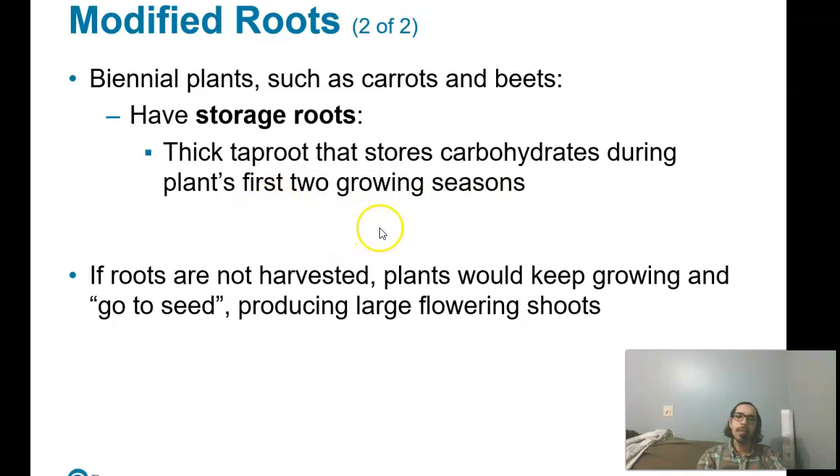So when you're eating carrots or beets, you're eating the stored carbohydrates in the roots of the plant. If the roots weren't harvested, the plants would just keep growing and they would go to seed and then produce large flowering shoots.